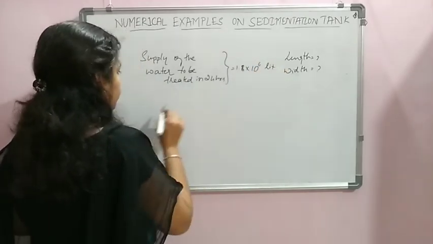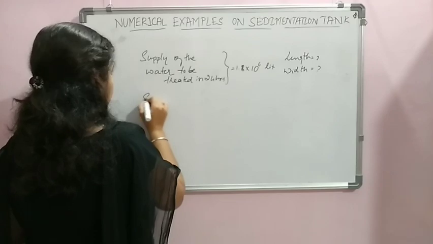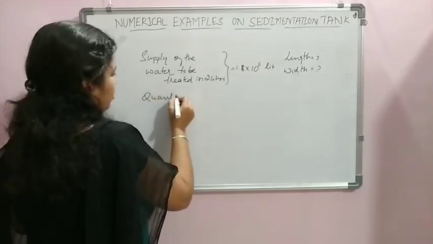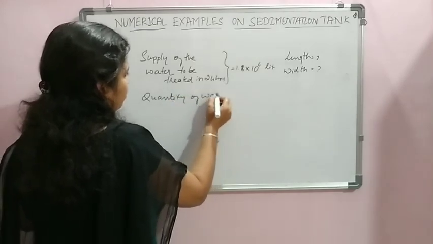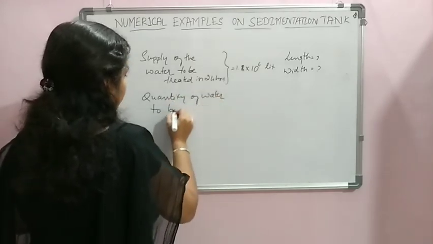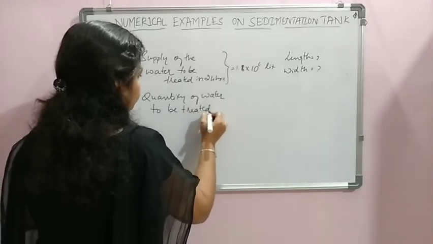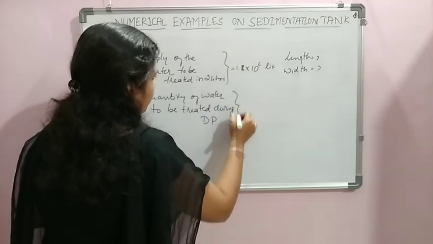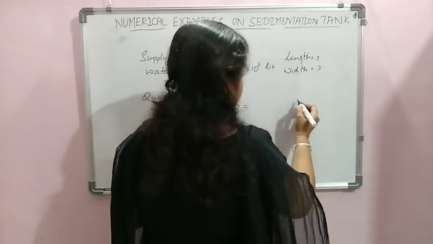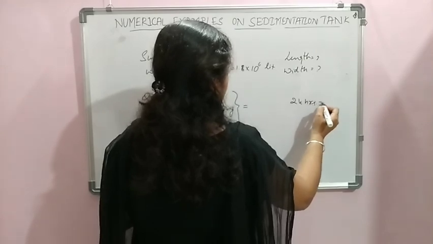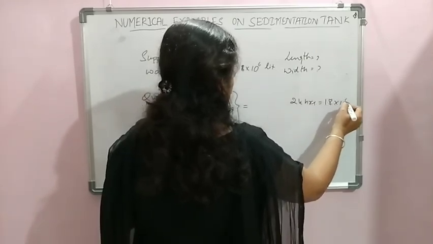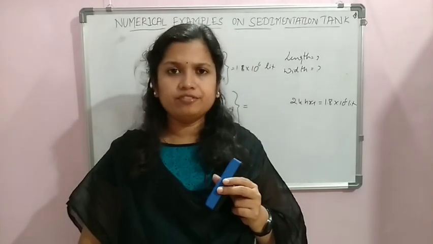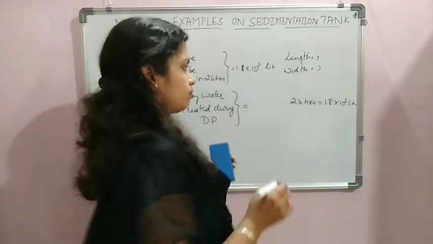So, what is the quantity of water to be treated during the detention period? If in 24 hours 1.8 into 10 raised to 6 liters is treated, what is it in the detention time of 4 hours?